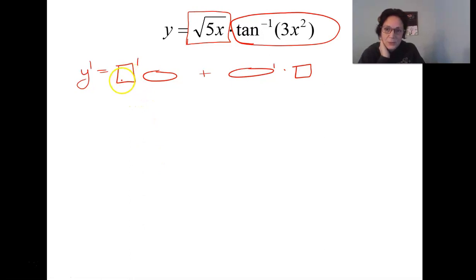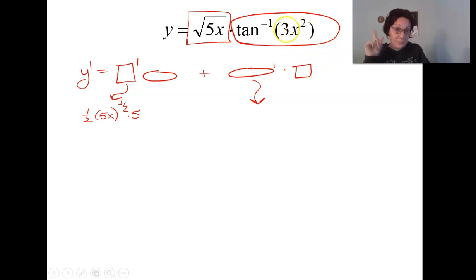So when I get the derivative of my square, that's no big deal, right? That's 1/2 times 5x to the negative 1/2, chain rule times 5. When I take the derivative of my ellipse, that's an inverse tangent. Okay, now I know the rules for the tangent, memorized it.